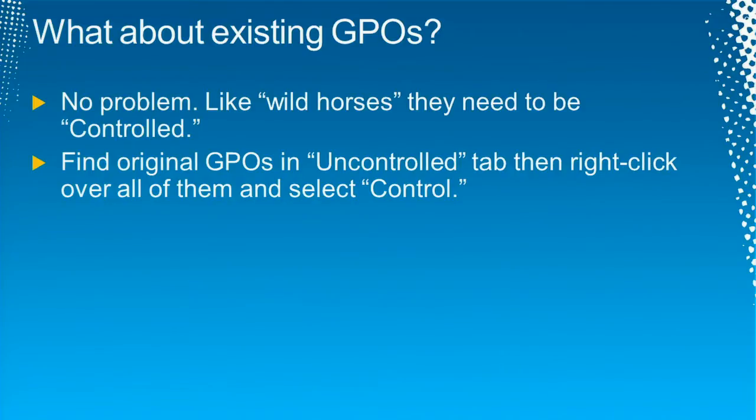You look at uncontrolled, you'll see your 300 group policy objects that you already have, and you control them. What is that going to do? It's going to buzz through all 300 of the ones that you've selected, make copies, which are now in production, and also now in the database. So the next time you click edit on one of these group policy objects, are you doing it live or are you doing it in the database? Well, if you use AGPM, you're doing an offline edit in the database. Okay?